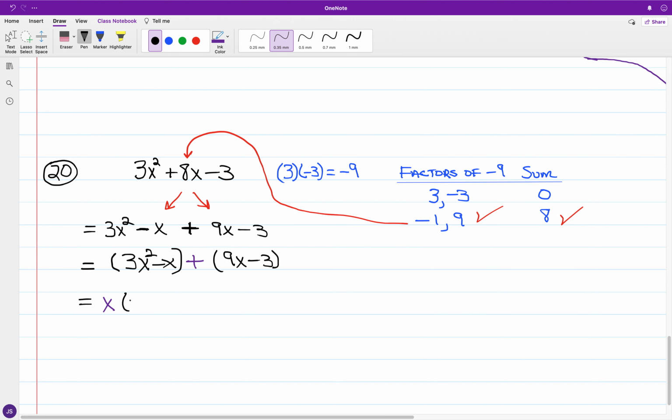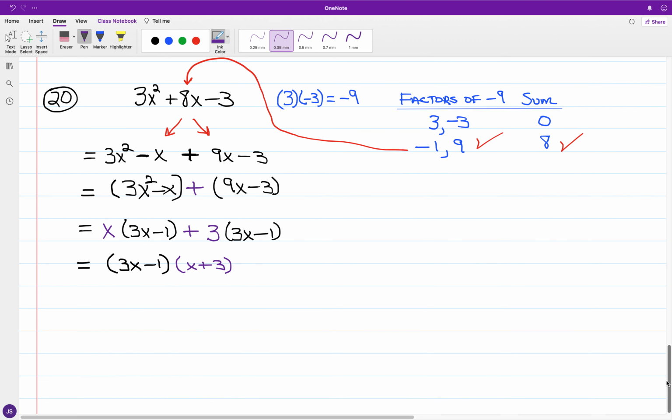X into 3x squared is 3x, and x into negative x is minus 1, bringing down the addition. The greatest common factor of 9x minus 3 is 3, and 3 into 9x minus 3 is 3x minus 1. So in factoring, you have 3x minus 1, which is shared, times the quantity of the outside terms, which is x plus 3.